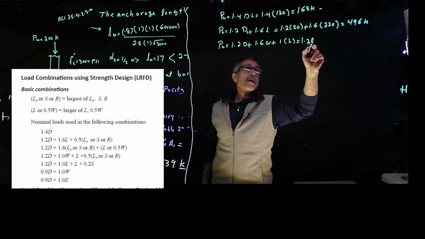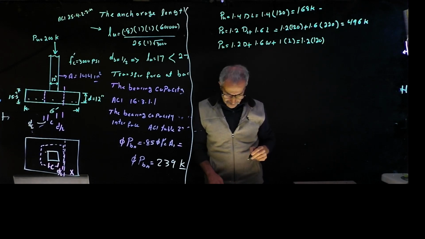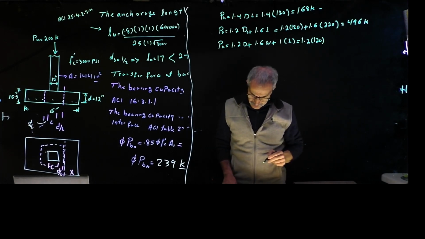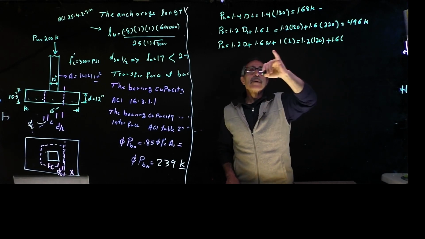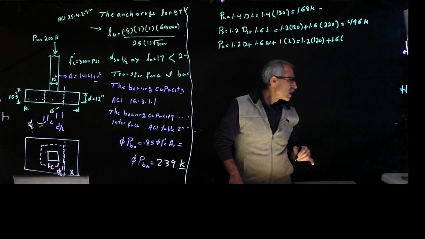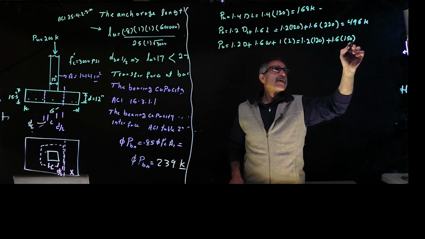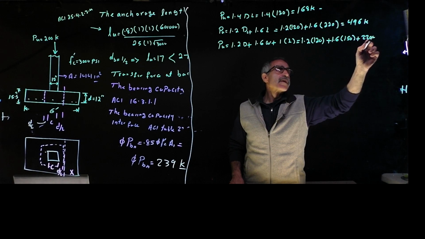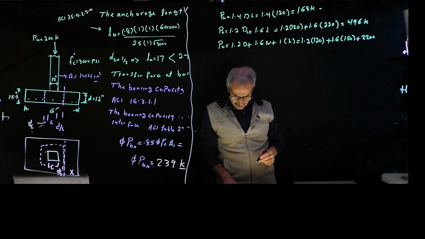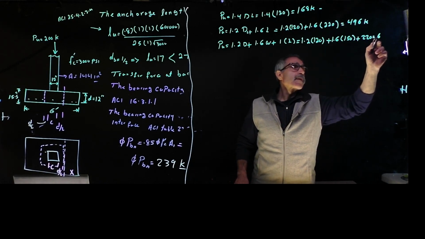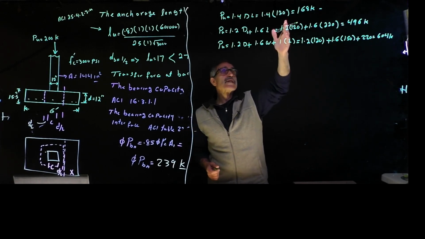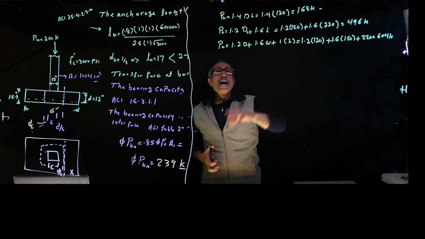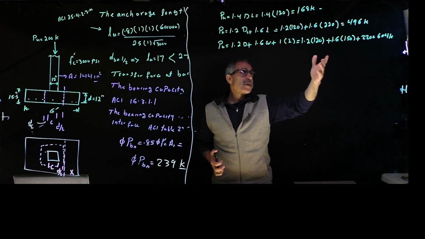So it's 1.2 times 120, plus 1.6 times W, which came out to be 150 kips, plus live load 220. And that combination gives us 604, which is the controlling load. You look at these three different combinations, the code says the highest of these three will win. Obviously it's going to be this one, so that's your answer.